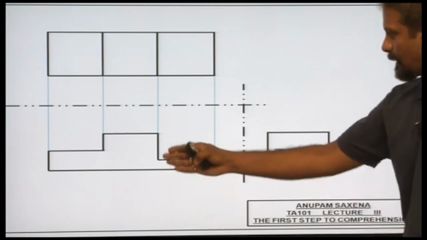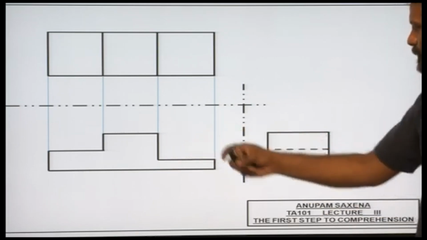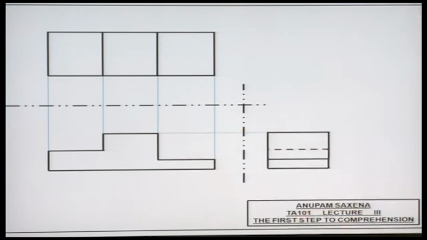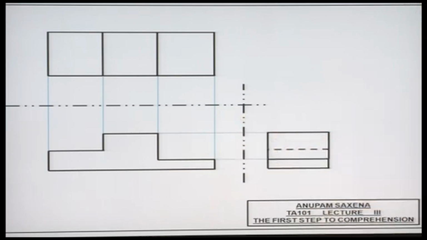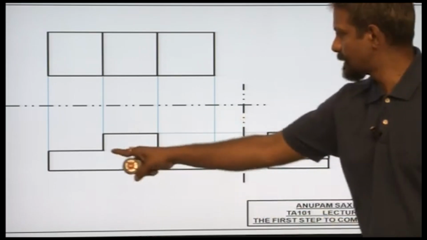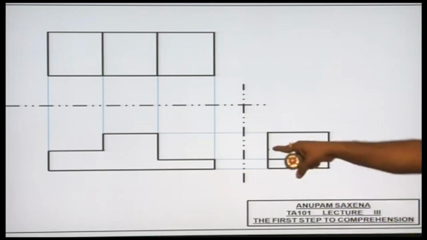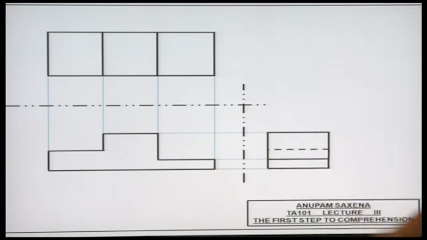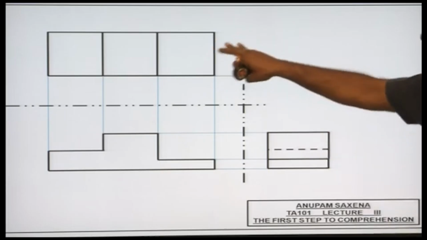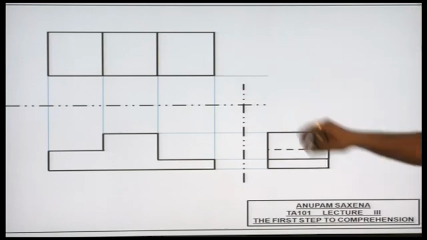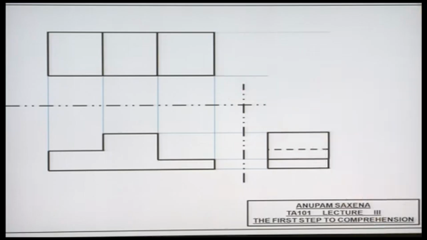And if we correlate the edges and vertices in these 2 views, we'll have this correlation here, this correlation, and if you look at this edge will get correlated to this hidden or dashed line there. Okay. And of course, there would be a correlation between the top view and the right side view as well.